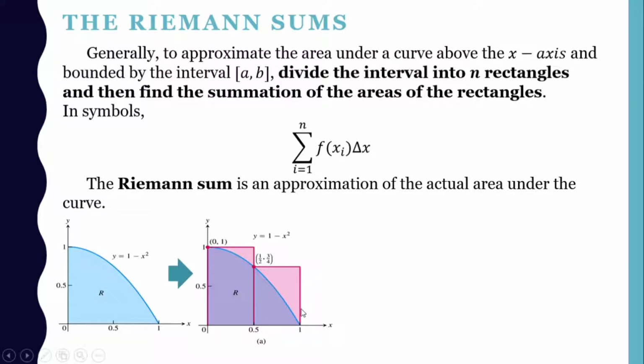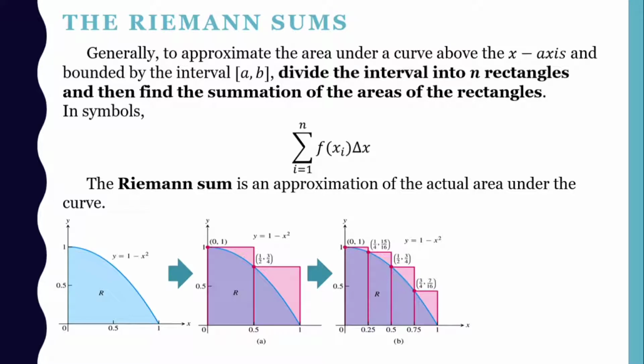Now, if we try to make the rectangles, instead of 2, let's say, divide that into 4 equal width rectangles. Now, if we have 4 rectangles here, there are still some parts which are not inside the curve.